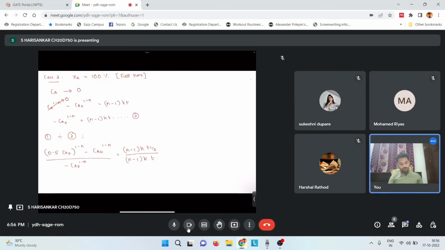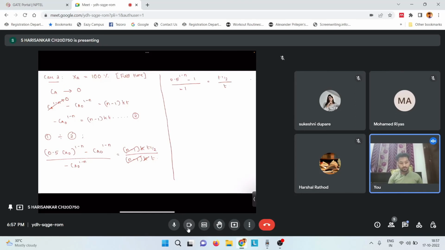Okay, so we can cancel out the Ca0 in the left hand side in the numerator as well as the denominator. We can also cancel out n minus 1 K in the numerator and denominator respectively. So we'll get our equation (0.5 raised to 1 minus n minus 1) by (minus 1) is equal to t half by t.